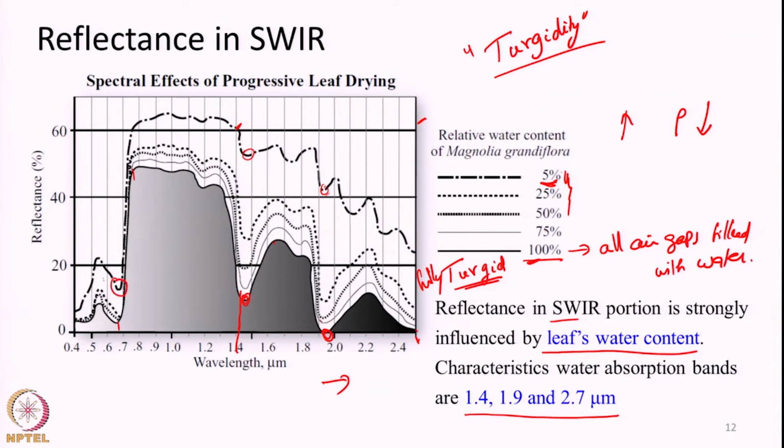red reflectance is increased, and green reflectance is also increased. This leaf has not yet died, not yet undergone the full effect of water stress, only the water has reduced at that time, and hence it shows very high reflectance.